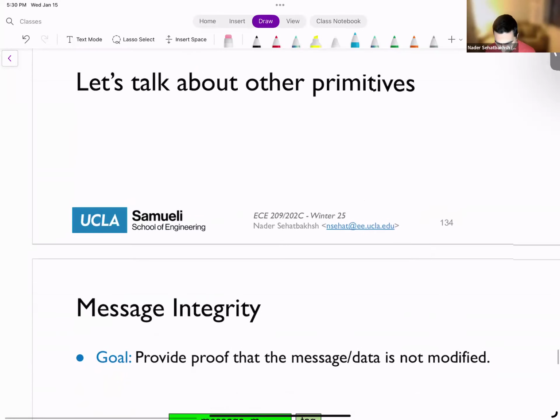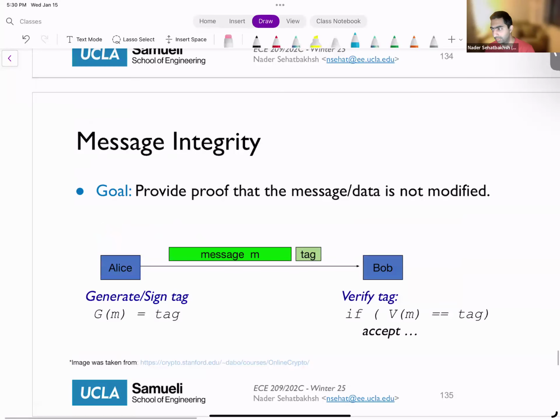Okay, so there are a few other primitives that I also want to talk about. I'm going to go faster, so I'm not going to talk about them as extensively as we discussed encryption and decryption. As I said, I gave you a disclaimer at the beginning of this lecture and the previous lecture: this part is a little bit difficult to digest, so don't feel lost. If you feel lost, don't be disappointed. Take some time to understand this.